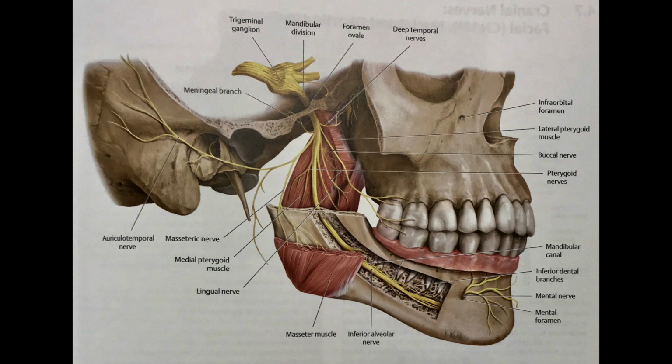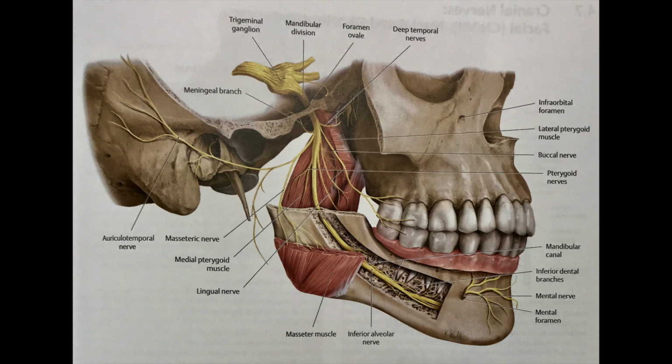As the mandibular nerve drops through the foramen ovale, it starts to give off many branches. We have branches to the deep surface of the temporal muscle, branches to the pterygoids, masseter. If you follow the inferior alveolar nerve, this is mainly sensory, but posterior, it gives off a branch called the nerve to mylohyoid.